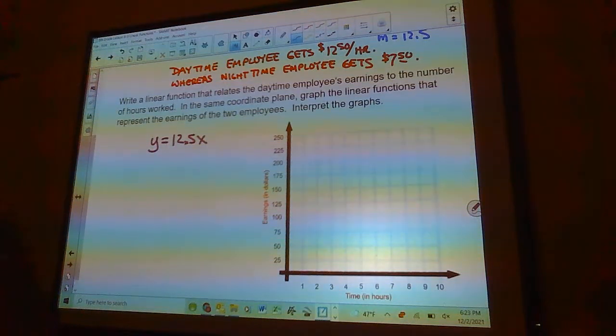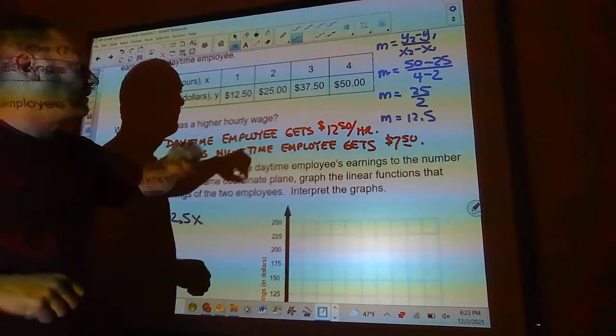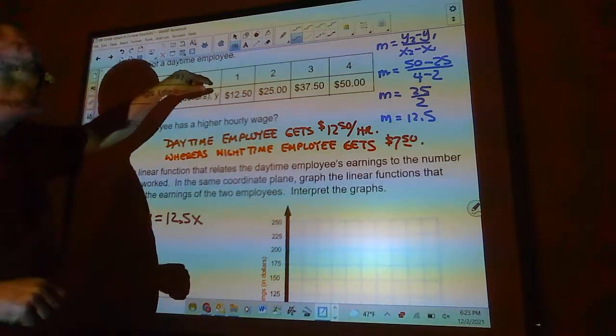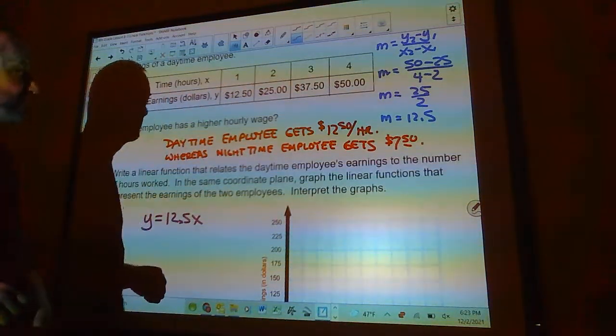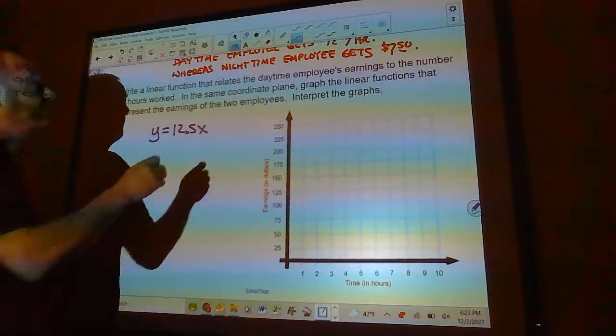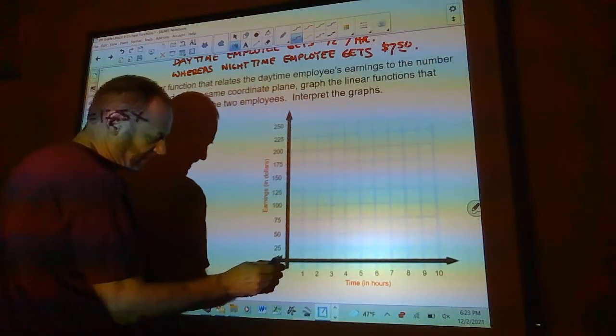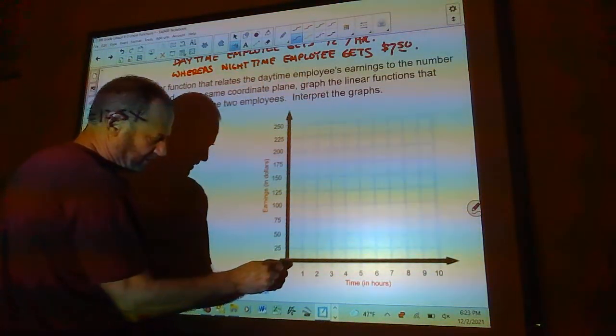You can just look at it. They were getting $12.50 an hour, and then obviously if I go back to 0, which would be the y-intercept, that's going to be 0. So if I was going to graph this, the daytime employee would be at 0 right here.